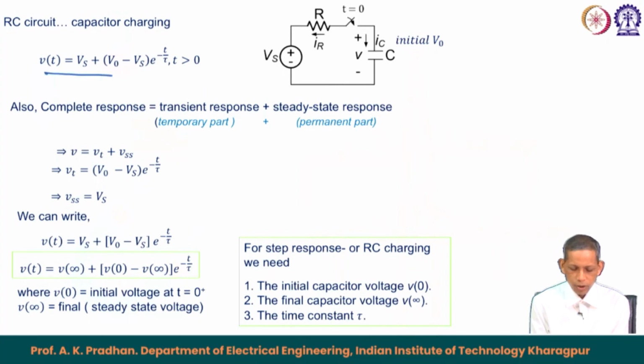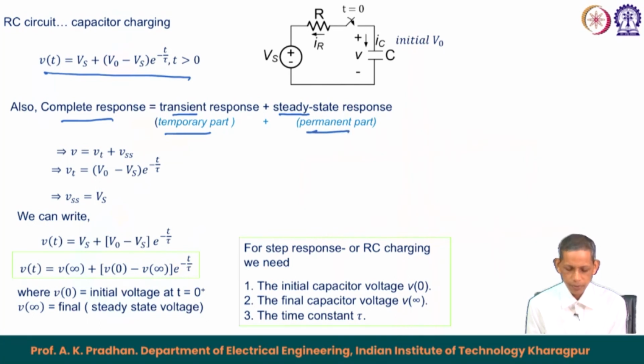Furthermore, this relation can again be considered as an expression in terms of two parts: one is the transient part, the other is the steady state part. The transient, temporary part is the exponential decaying part, and the steady part is the corresponding permanent part.